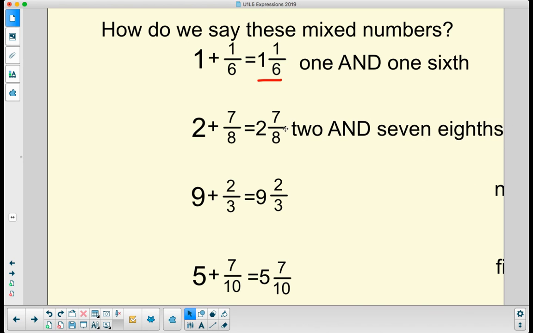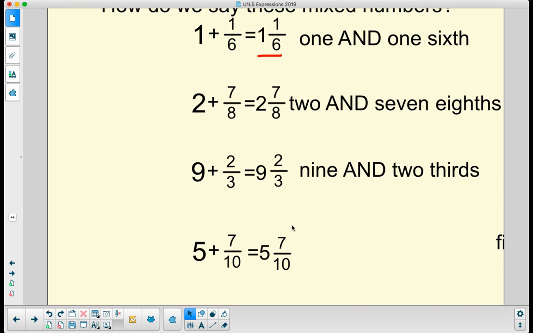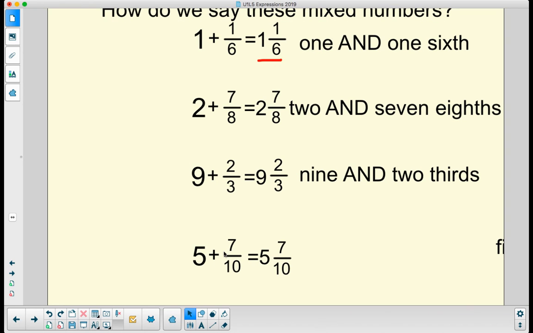Just like with decimals, when we would say our decimal point as and, we say and when we go from our whole number to our fraction part. So 9 plus 2/3 would give us 9 and 2/3. You should be saying these before me. And 5 plus 7/10 would be 5 and 7/10.